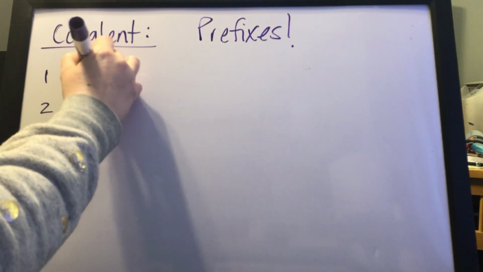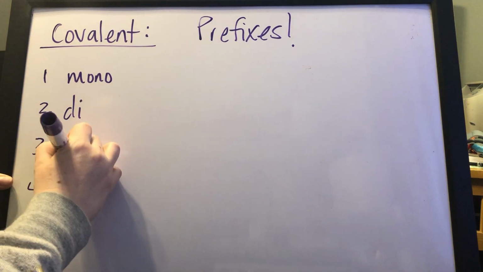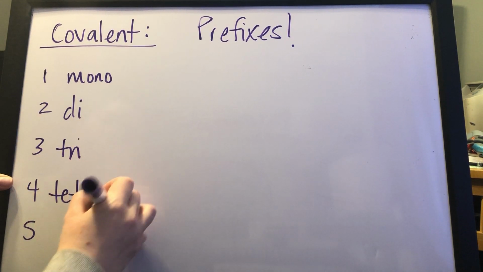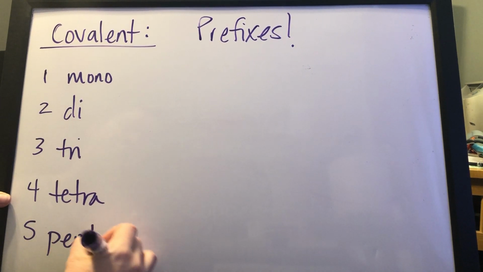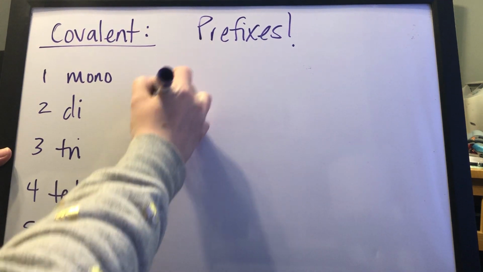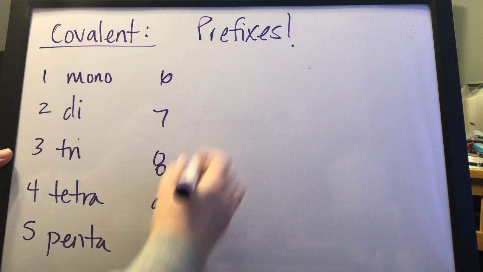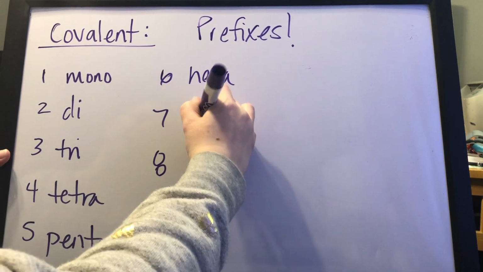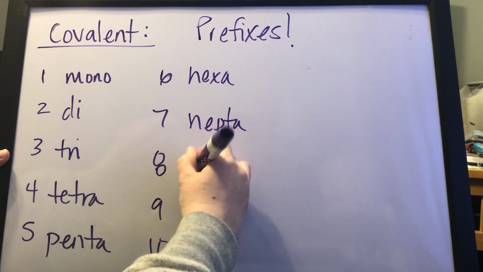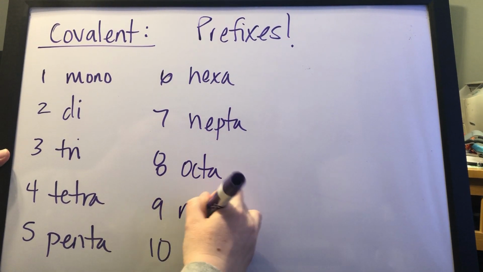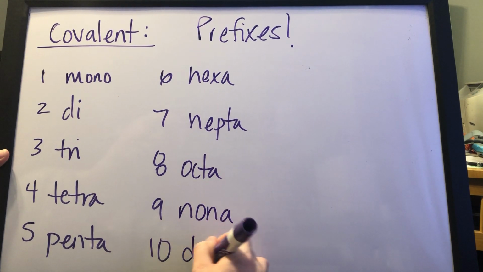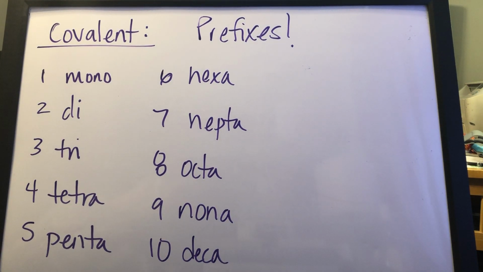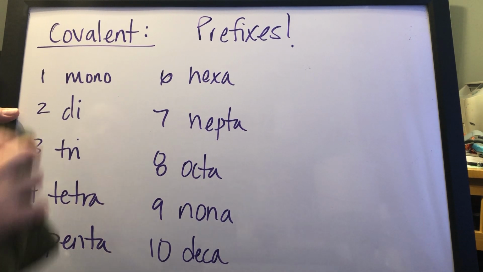Prefix for 1 is mono, for 2 is di, 3 is tri, 4 is tetra, 5 is penta, 6 is hexa, 7 hepta, 8 octa, 9 nona, and 10 deca. Those need to be memorized. They're not super difficult. They are pretty easy. So there they are. Make sure you have them written down.